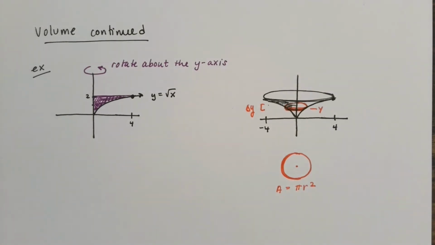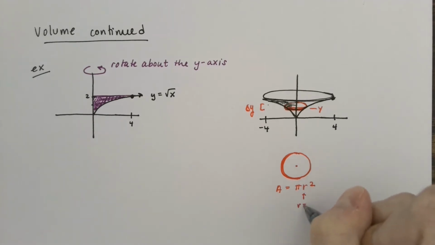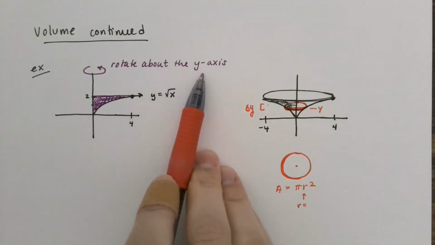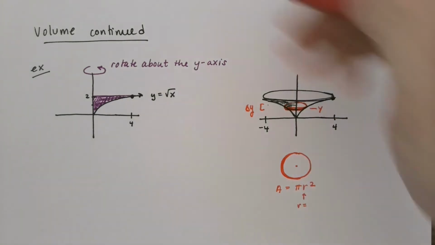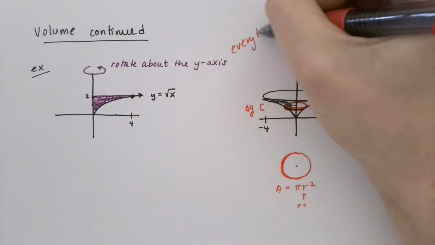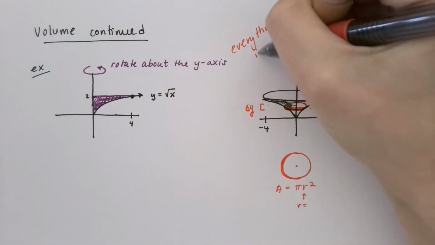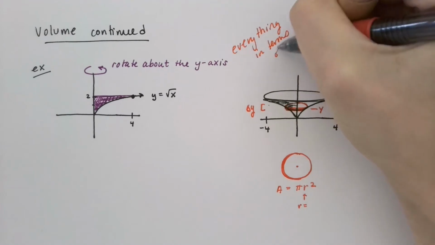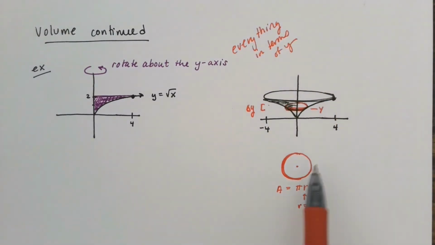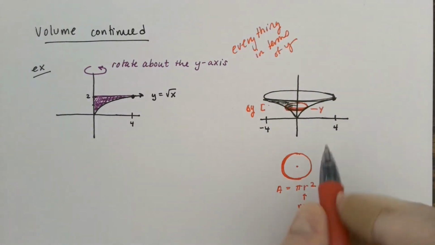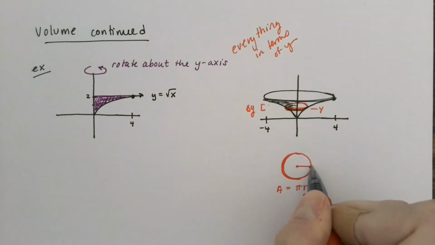So we really need to identify what the radius is at any particular y value. So this is the key. Because we rotated about the y-axis, everything should be in terms of y. So the radius of this circle is the distance from the center out to the edge.